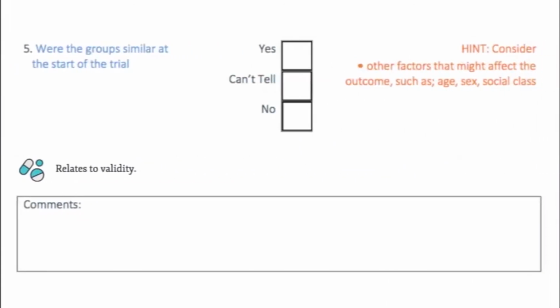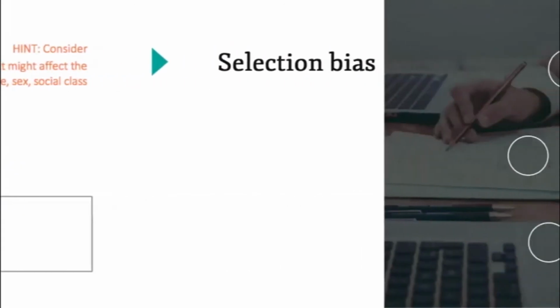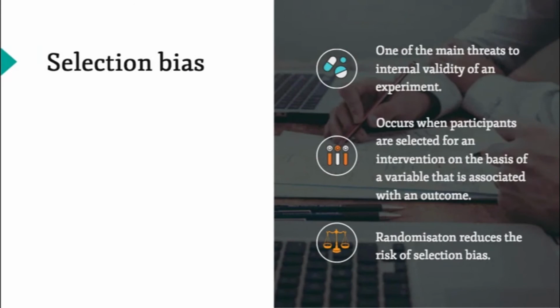Question 5 asks us to look at whether the participant groups were similar or equal at the start of the trial, including by factors that might affect the outcome. In order to reduce selection bias, it is important that groups are similar and representative samples of the population under study, and that other characteristics, such as sex or age, are less likely to influence outcomes.